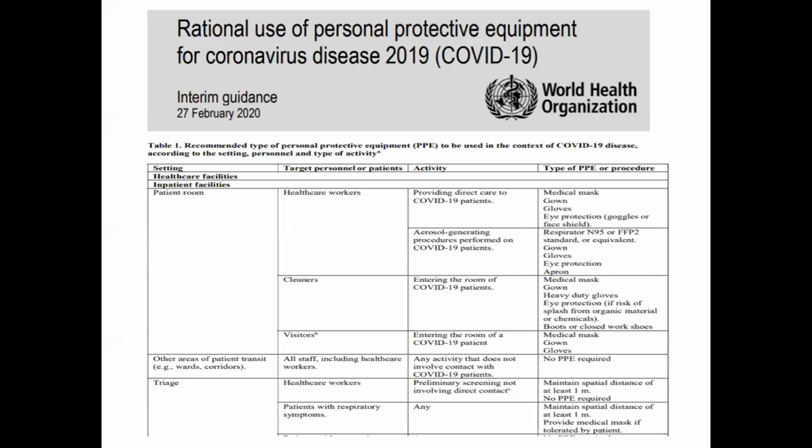For example, here, healthcare workers who are in direct contact with COVID-19 patients are expected to wear medical masks, gloves, etc. And as you can see, under visitors, it was not common before COVID for a visitor to walk in a workplace, be issued with a medical mask, gown or gloves and so forth.